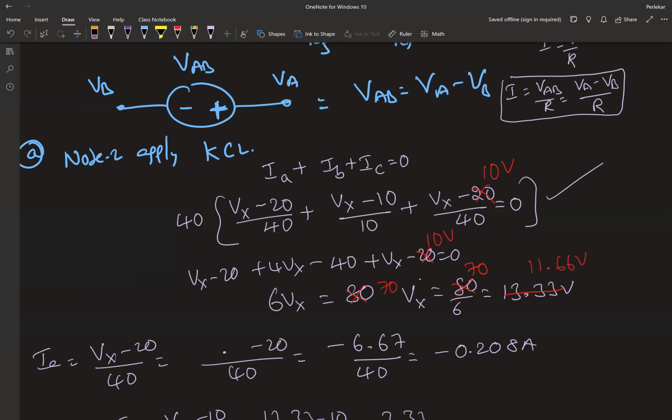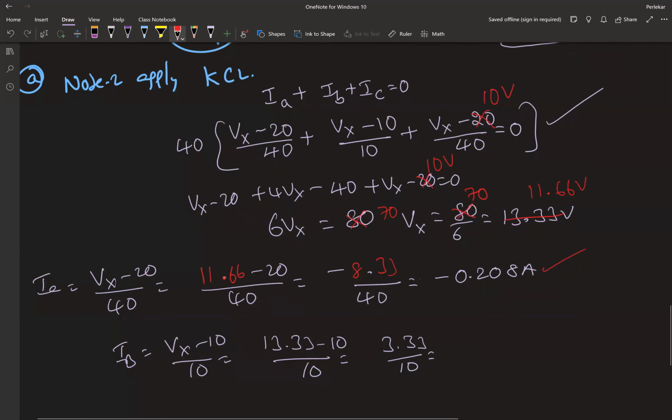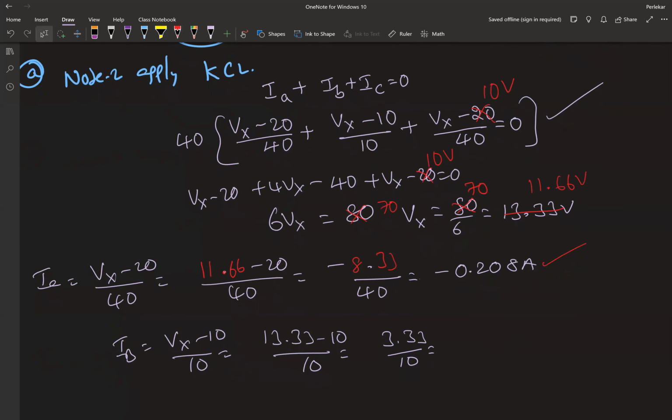So IA is 11.66 minus 20 divided by 40, so minus 8.33 divided by 40. So we'll end up with minus 0.208. Is that right? Yes, sounds good.